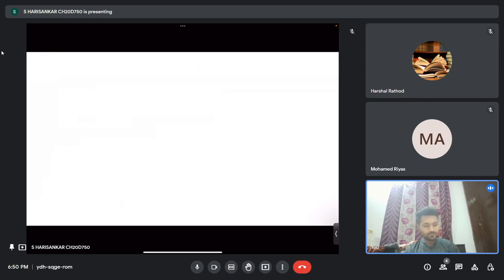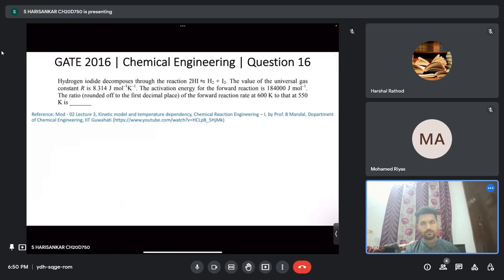This is a question from GATE 2016 from Chemical Engineering, question number 16. Hydrogen iodide decomposes through the reaction 2HI reversibly gives H2 plus I2.